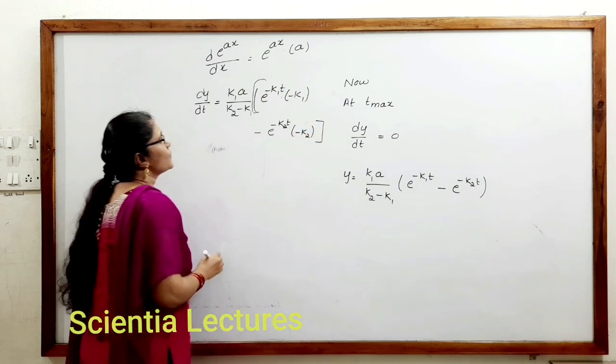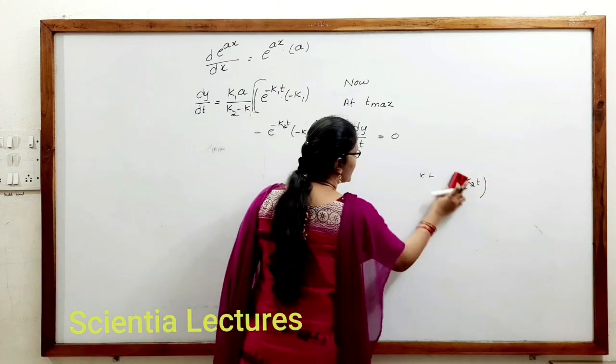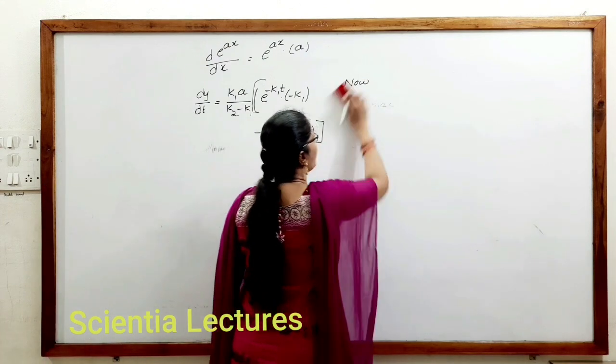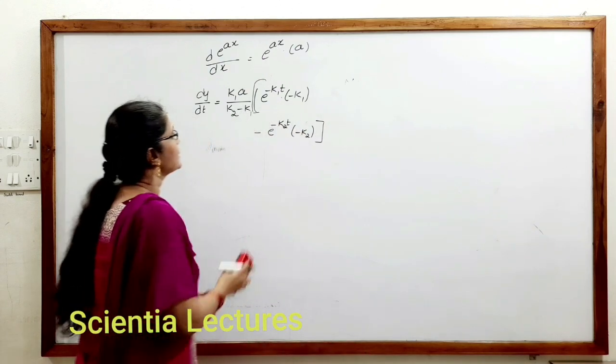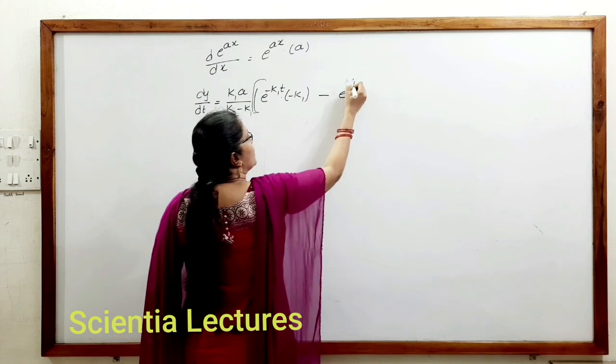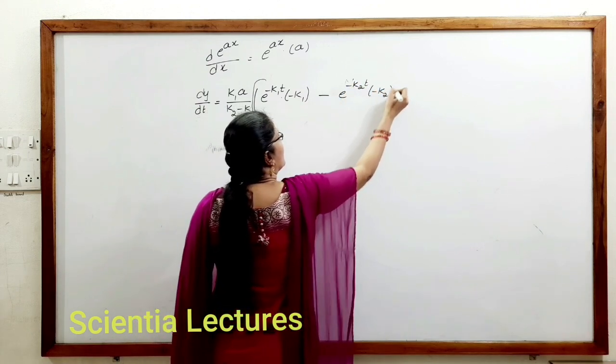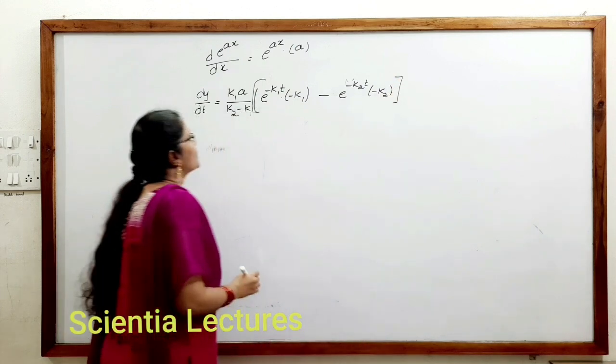So this will be dy by dt. This dy by dt must be equal to 0 at Tmax.